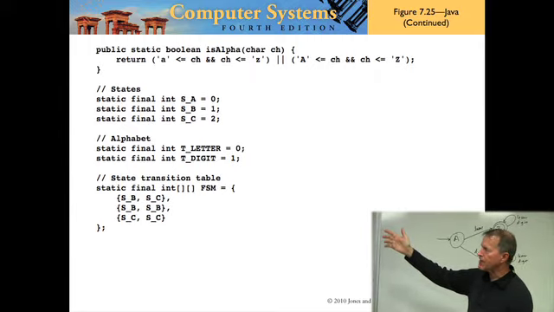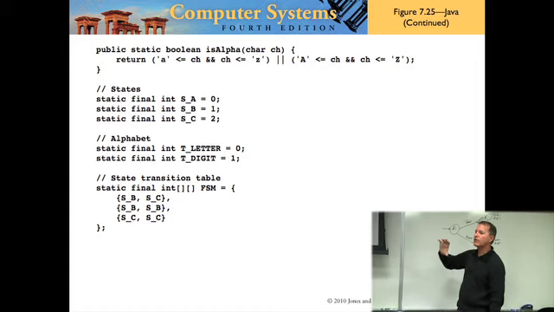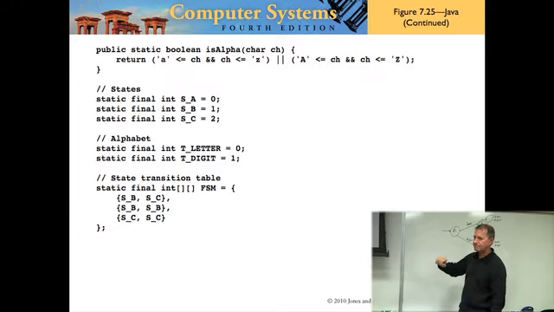In fact, they are integer constants. What does static mean? One per class instead of one per object. And what does final mean? The constant part. Yeah, that's what makes it a constant. You can't change it. It can't ever change.